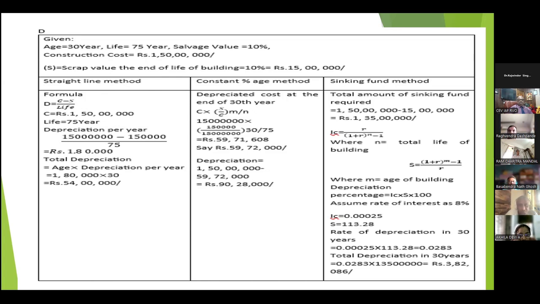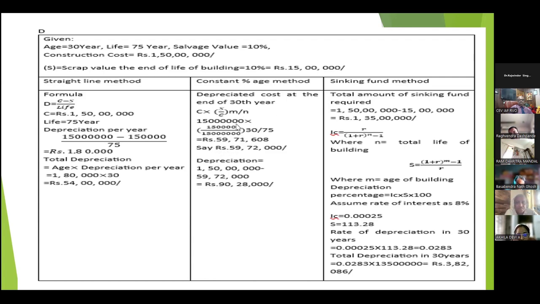And now you have to concentrate as far as the constant percentage method is concerned. With constant percentage method, you do not get depreciation directly. You get depreciated replacement value. See, you calculate the depreciated replacement cost of the building at the end of 30 years. Formula is C into (S upon C) raised to power (M upon N). You put all the values.